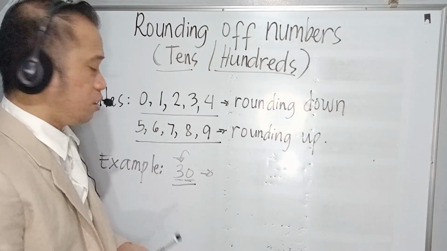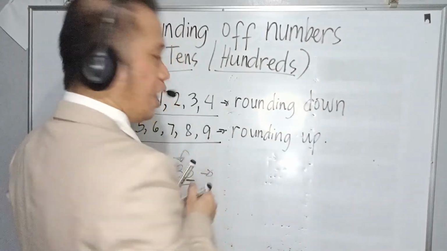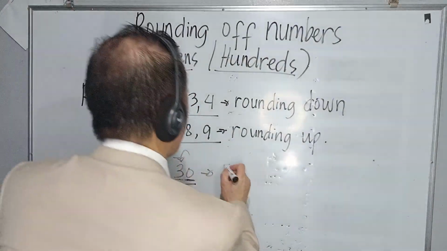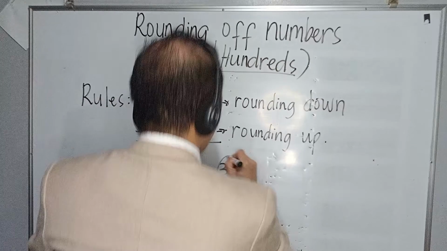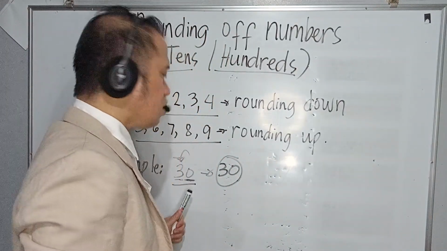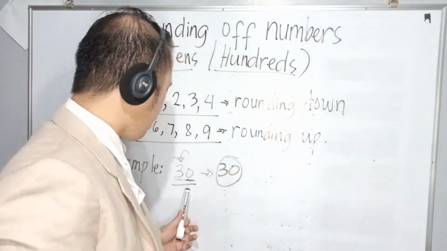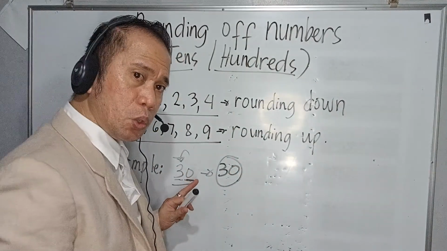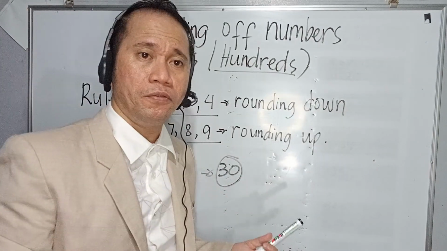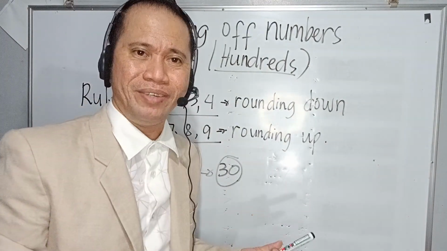No. And why? Because 0 is rounding down. So 30 rounded is still 30. This number ends with 0, so nothing follows, and the given number remains the answer.